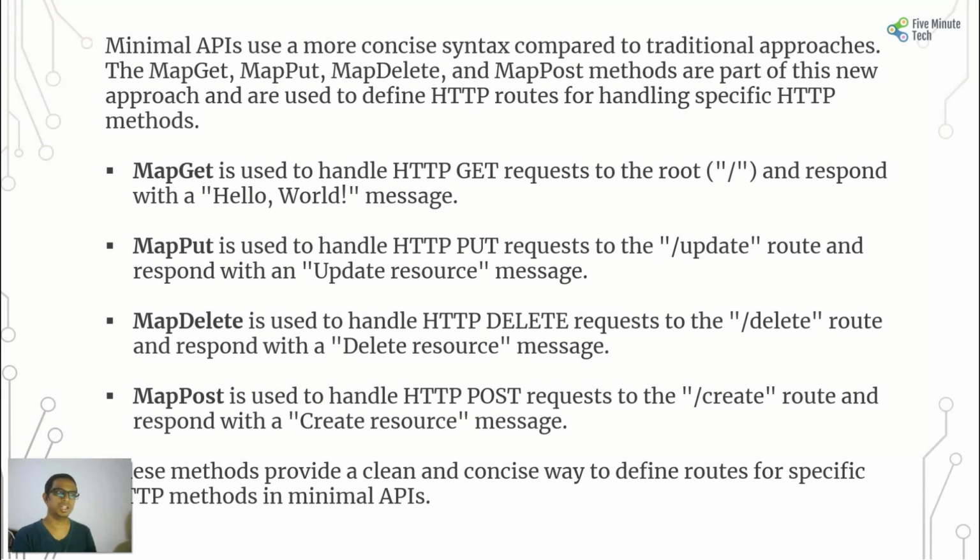MapGet is used to handle HTTP GET requests to the root and respond with a template. MapPut is used to update a particular resource. MapDelete is used to perform the HTTP delete function. MapPost is to save the data which you pass in the body. These methods provide a clean and concise way to define routes for specific HTTP methods in minimal API.